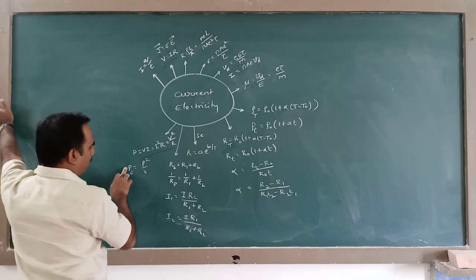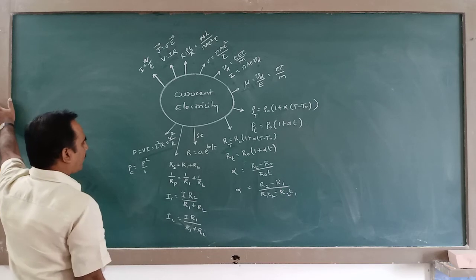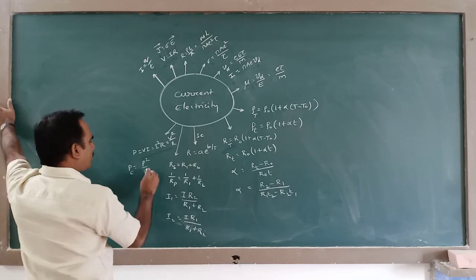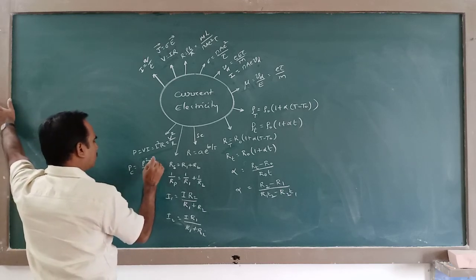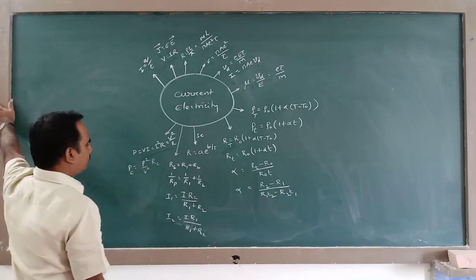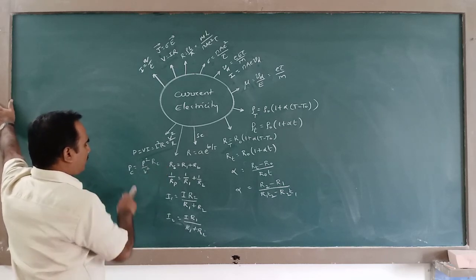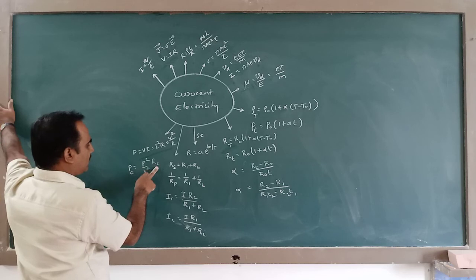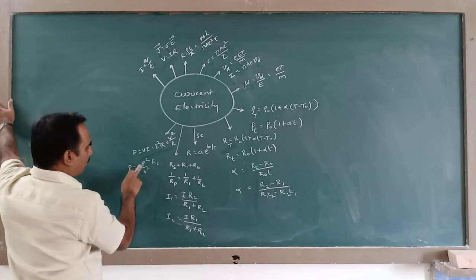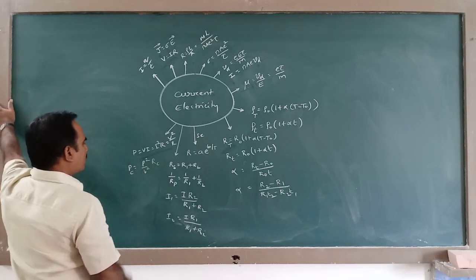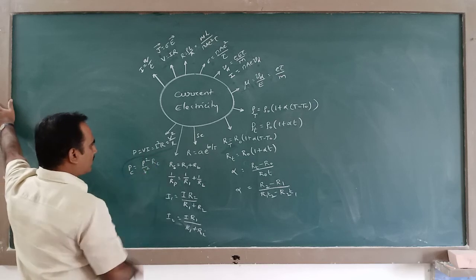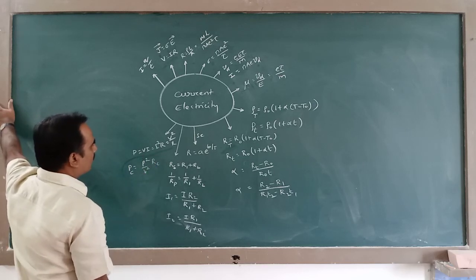This power dissipated in cables is P square by V square into RC. So PC is equal to I square RC, where I is equal to P divided by V. So this is the expression for power dissipated in transmission cables.